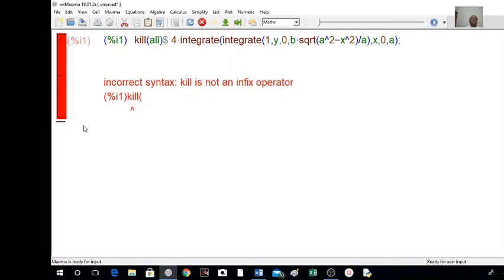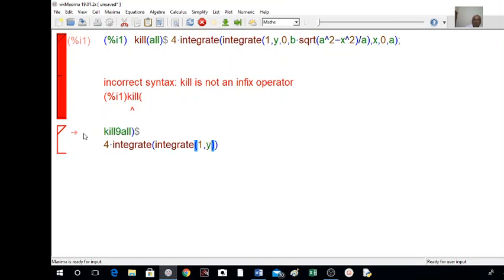Okay, I will type once again: kill(all)$. Next 4 into 4 star, integrate, again integrate, bracket, 1, integration of 1.